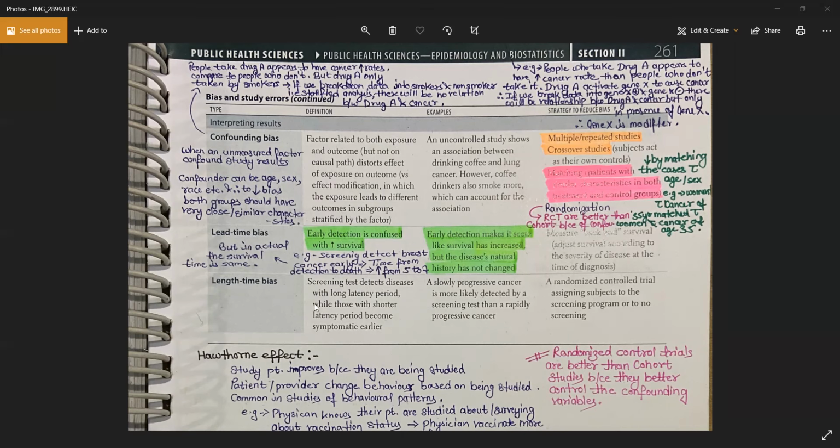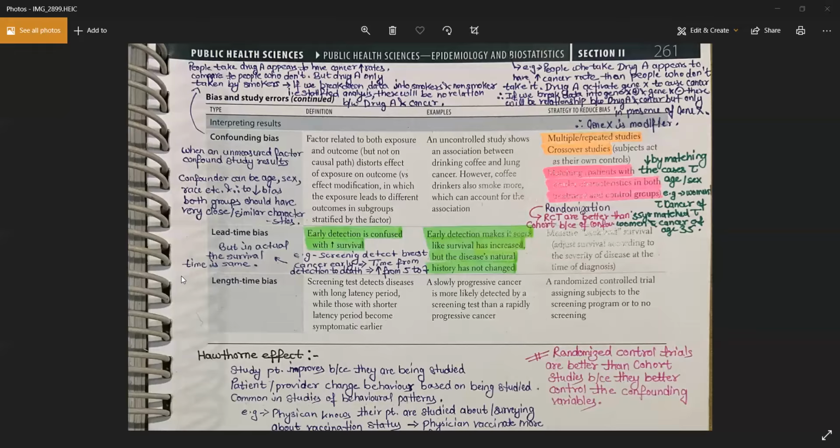But in case of length time bias, because the two variants exist, the rapidly fatal variant can never be detected by this test, but only the slowly progressive variant will be detected by the test. And it will make it look like all the slowly progressive cases which were detected by the test have a very high survival rate. So ultimately the test seems to have increased the survival rate, right?